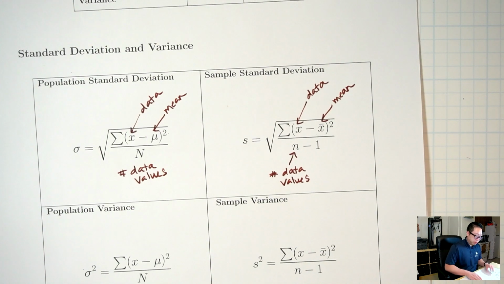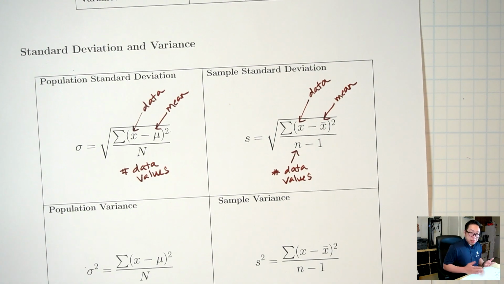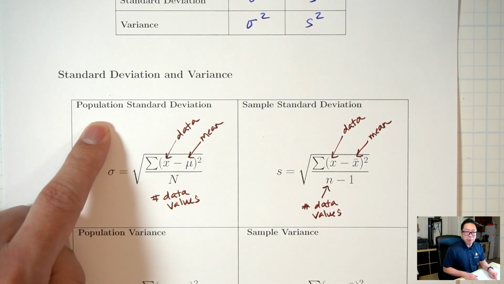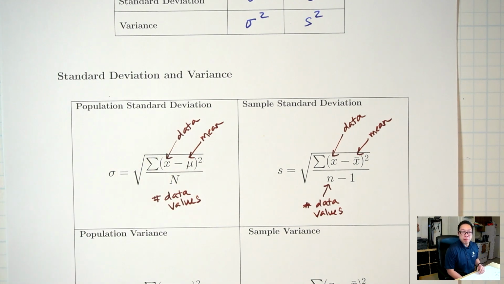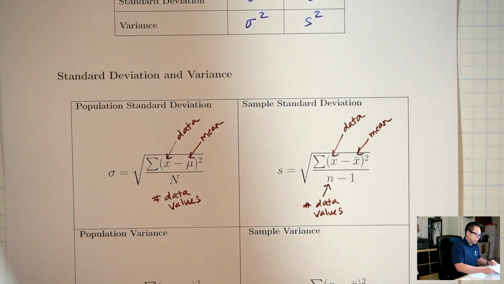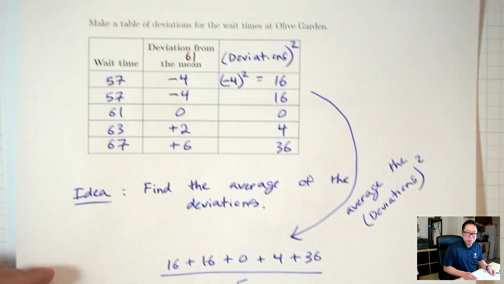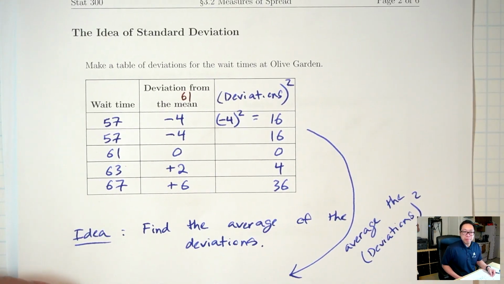Okay. So most of the time, we're not going to calculate the population standard deviation because most of the time, we don't have data from the entire population, which means most of the time, you're not going to be doing what we did on the previous page.